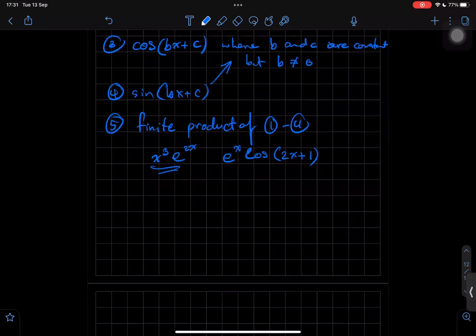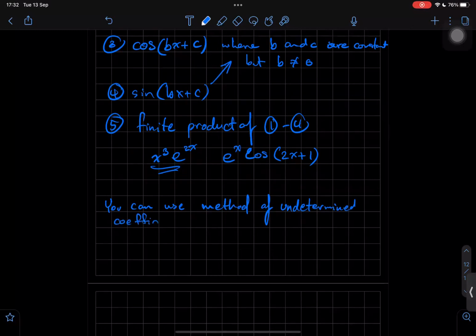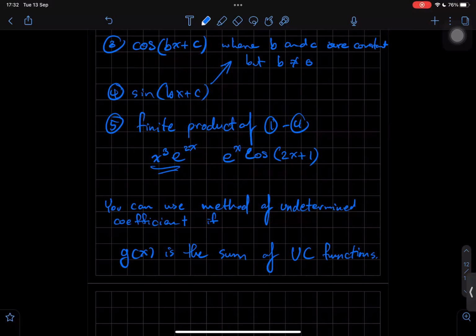Okay, you can use the method of undetermined coefficients if g(x) is the sum of UC functions.